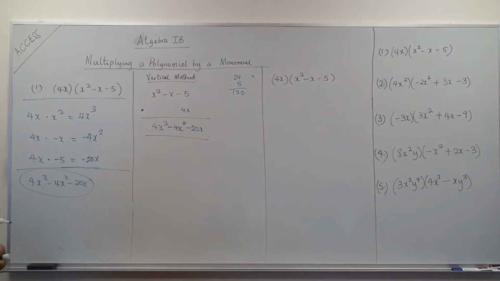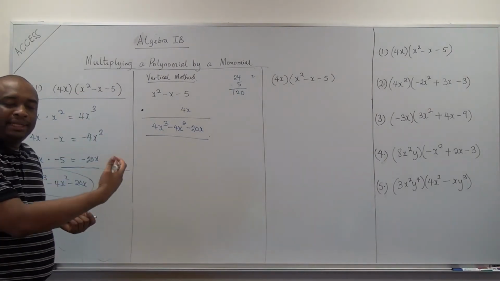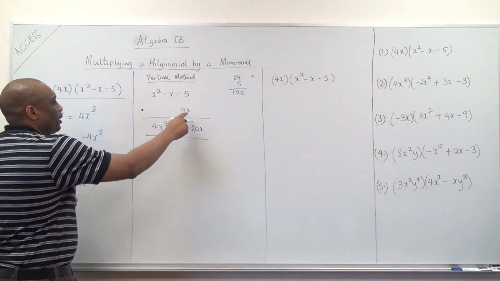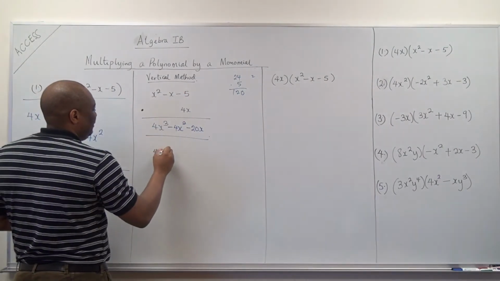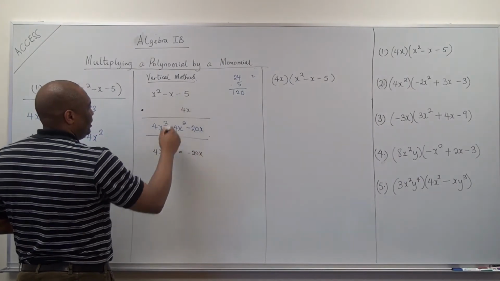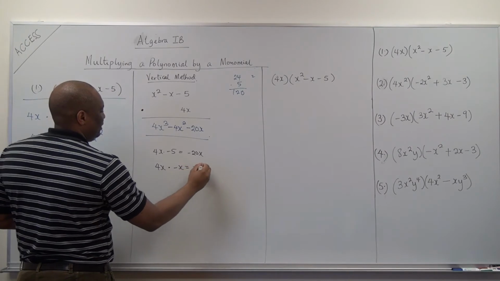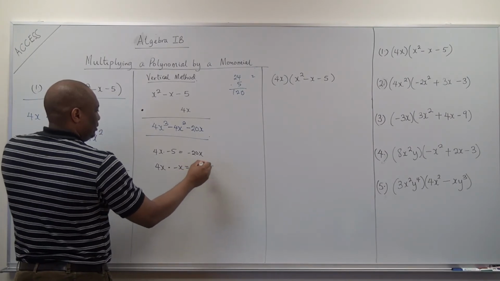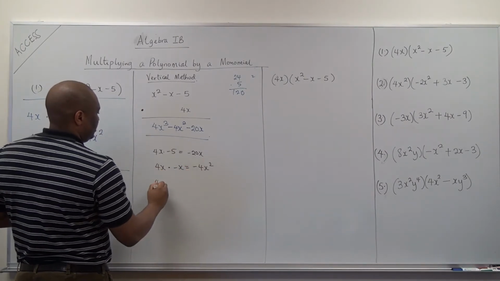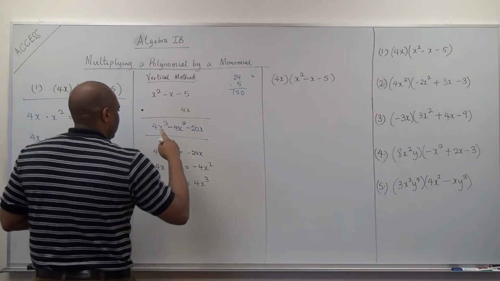And that's the answer. Some people would like to do the vertical method that way. And if I want to break this down to explain it more, 4x times negative 5, which is negative 20x, then 4x times negative x, which is negative 4x squared, and then 4x times x squared, which is 4x cubed.